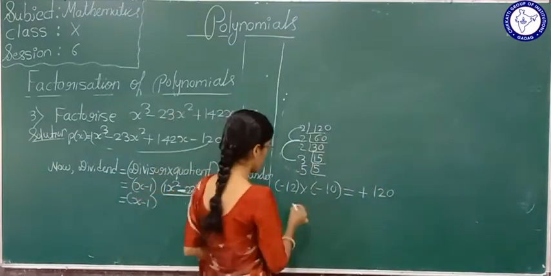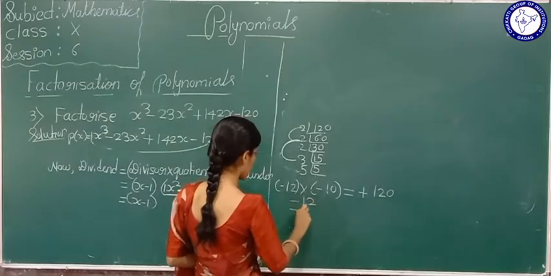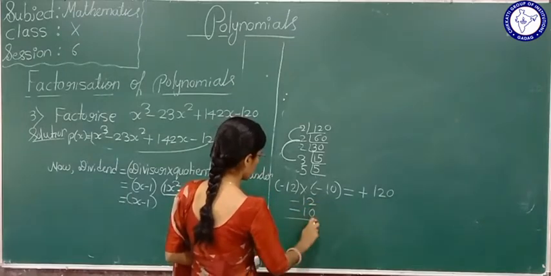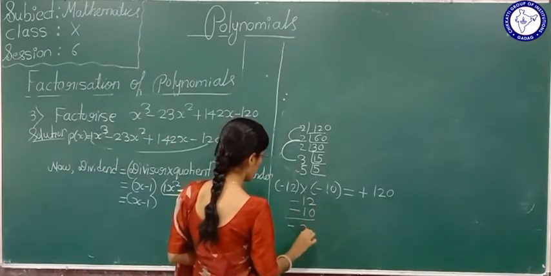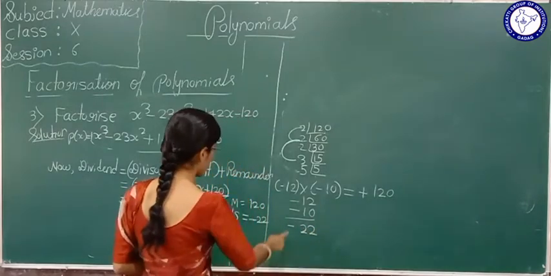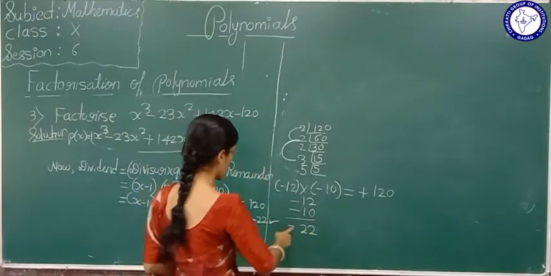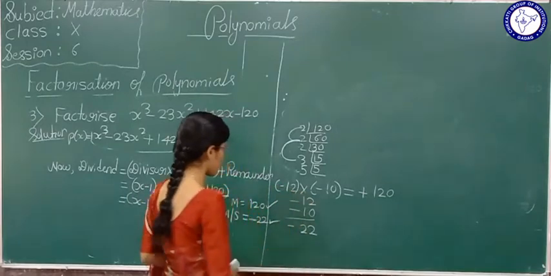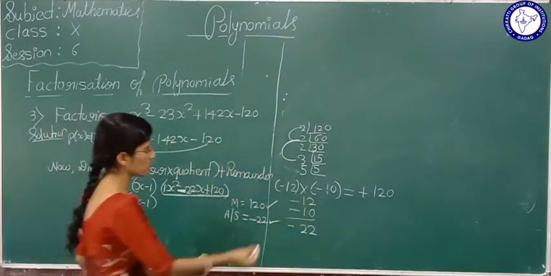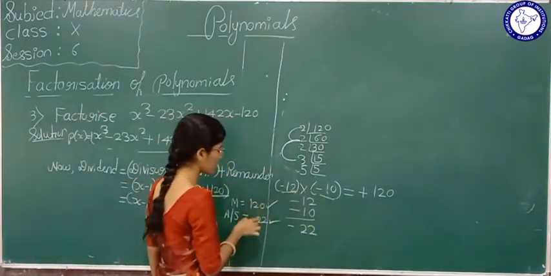Now see, what is minus 12 minus 10? It will be minus 22. Now see here, minus 22 is satisfying, and plus 120 is also satisfying. These two numbers are satisfying these conditions.